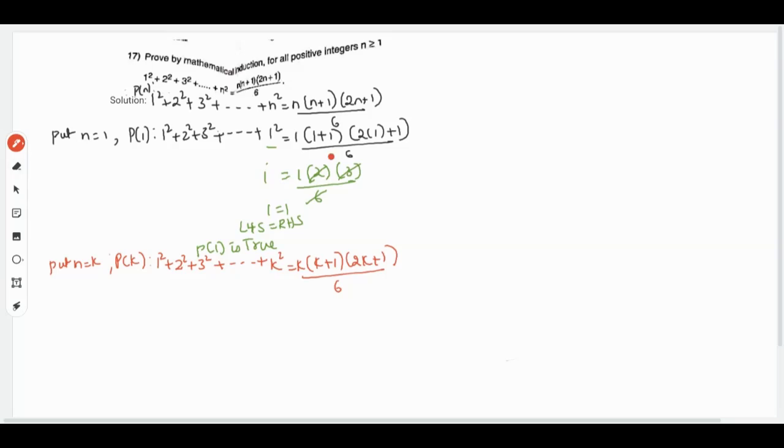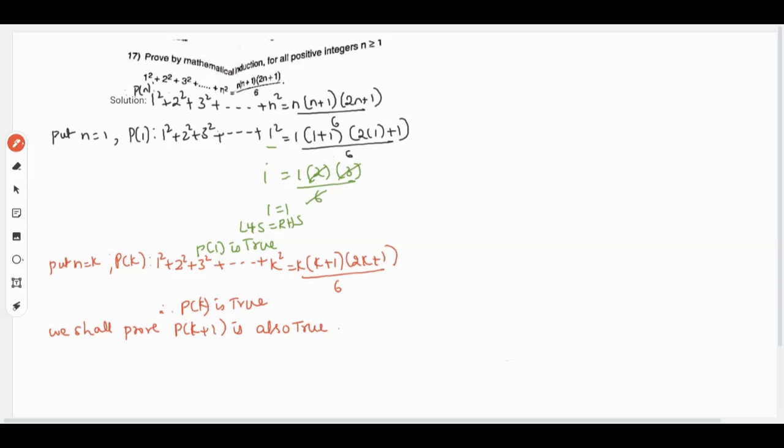So now P of k is true. Now we shall prove P of k plus 1 is also true.